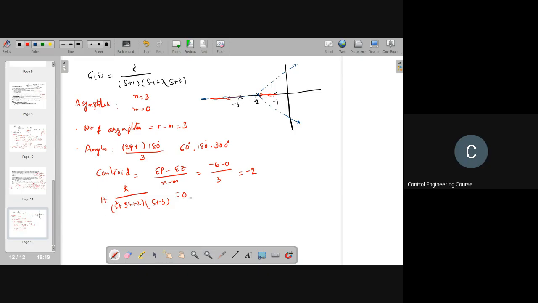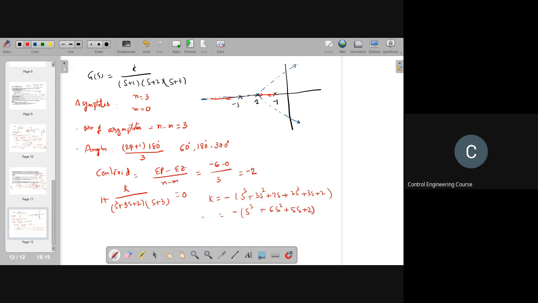So k is equal to minus of s cube plus 3s square plus 2s plus 3s square plus 3s plus 2, equal to minus of s cube plus 6s square plus 5s plus 2.